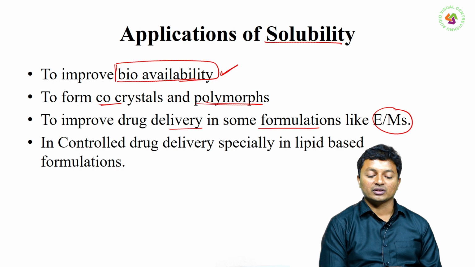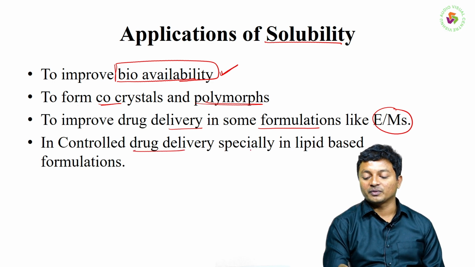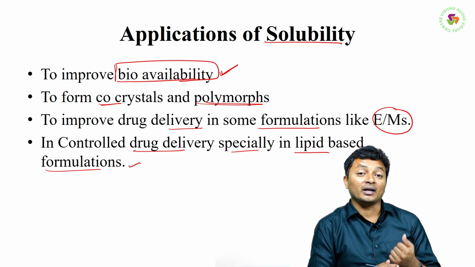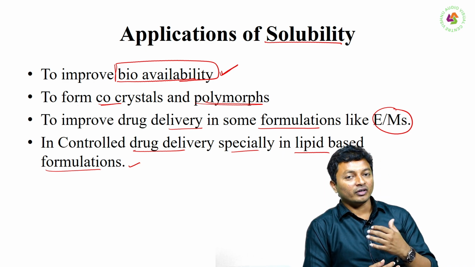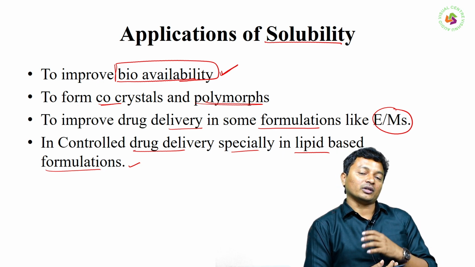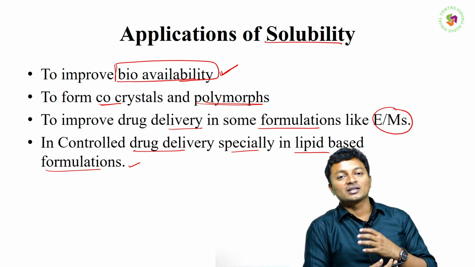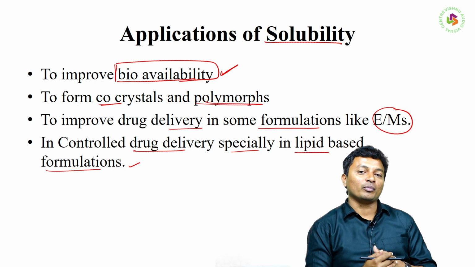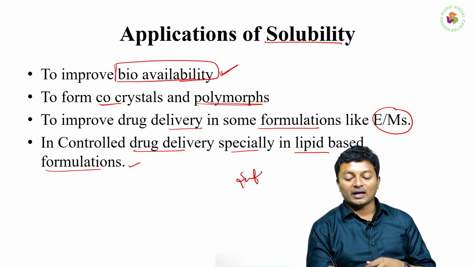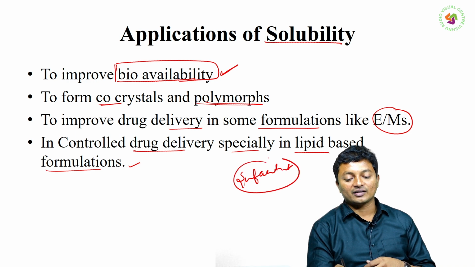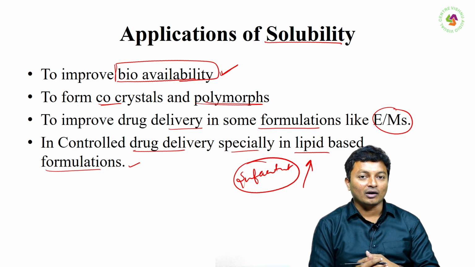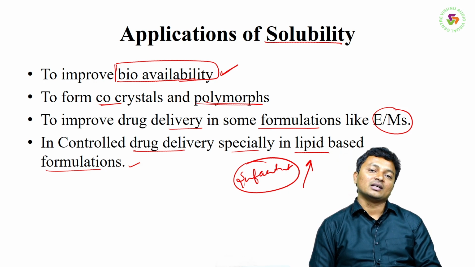In controlled drug delivery systems, especially lipid based formulations, we need to maintain or enhance the solubility. If the solubility is poor for some substances, to overcome that problem we need to add surfactants. By adding surfactant, we can enhance the solubility, and then we can find all these applications of solubility.